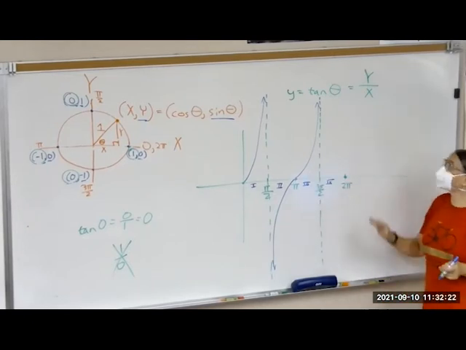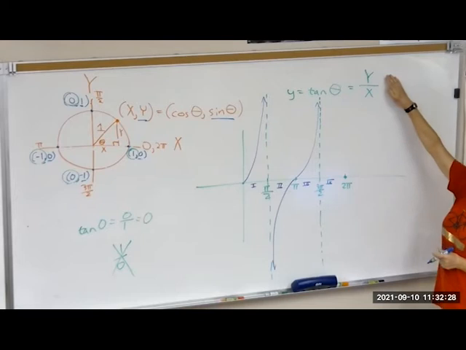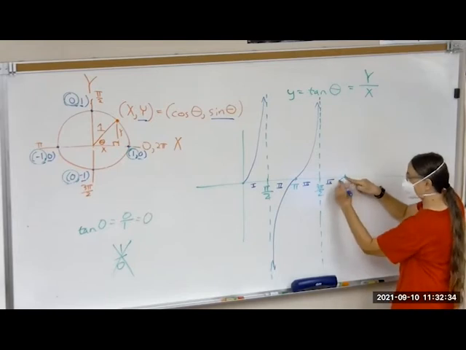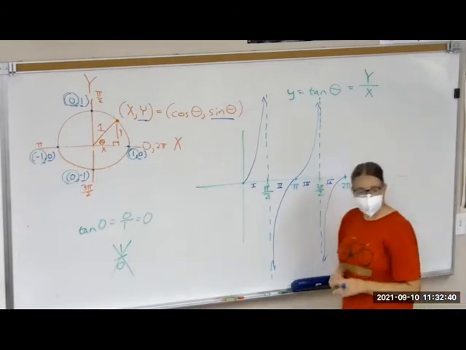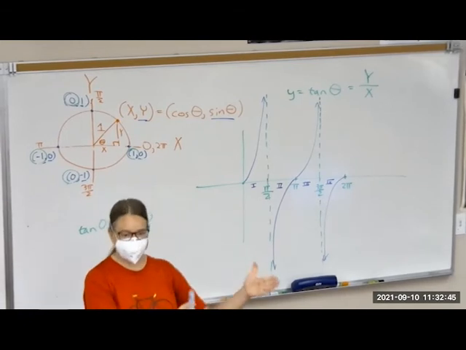In quadrant 4, is tangent positive or negative? Negative. It's going to be negative because now our Y values are negative, but our X's are positive. So again, drawing it backwards, I'm going to go down towards negative infinity. So this is what I get if I just graph what I see from 0 to 2 pi.